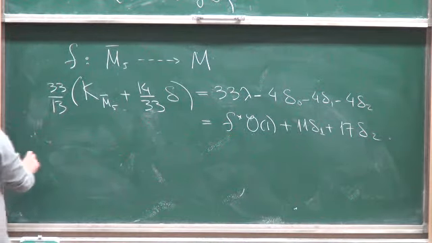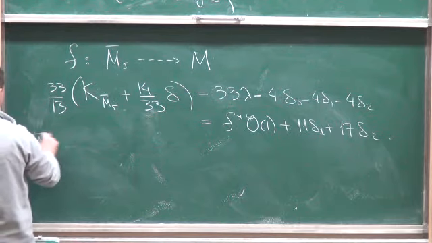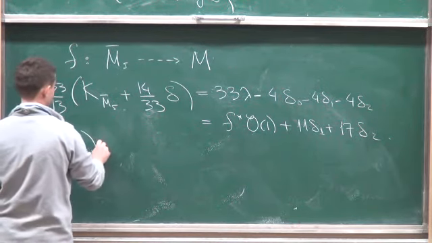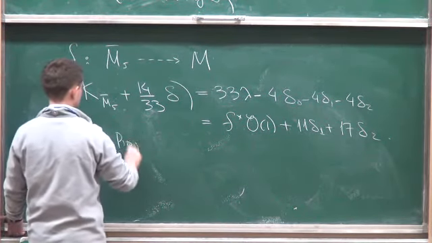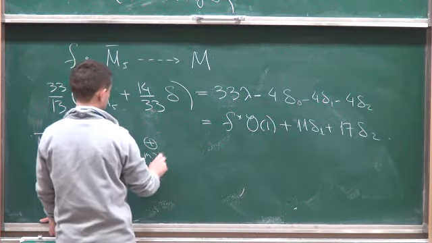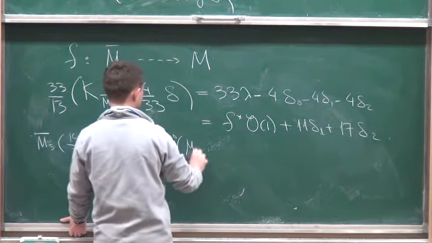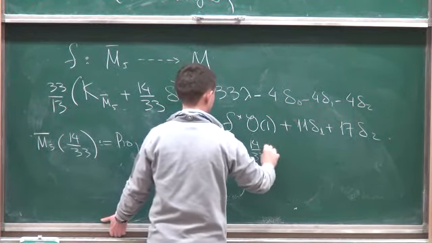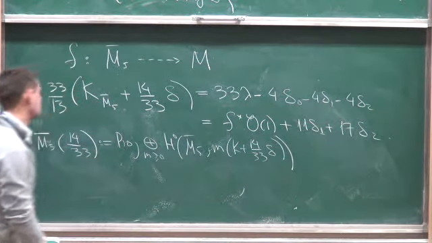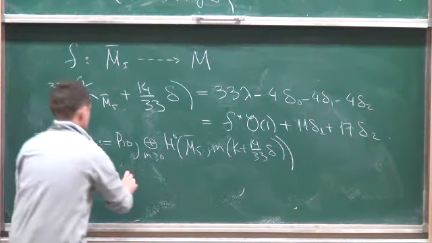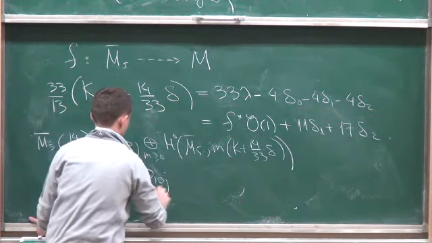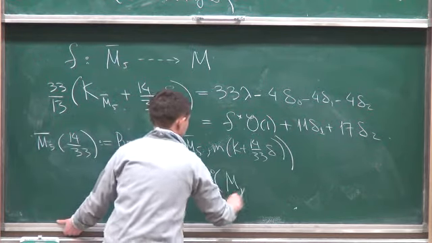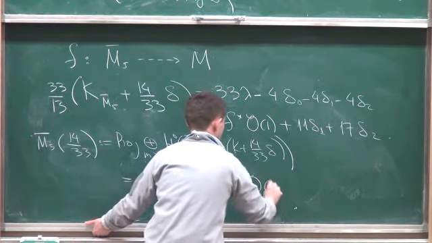All right, in particular, M5 bar of 14/33, which by definition is the Proj of this graded ring, by the projection formula is the same as the Proj of the graded ring on M of O of m.